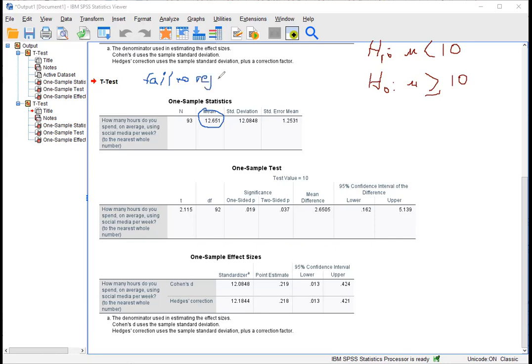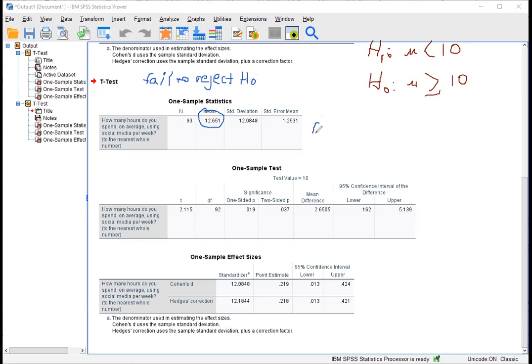Now, we still need to be able to report this. We still need to be able to say what the mean is and the t value. So we would say Bakersfield College students do not spend less than 10 hours a week. More correctly, we would say there is no evidence that Bakersfield College students spend less than 10 hours a week on social media.